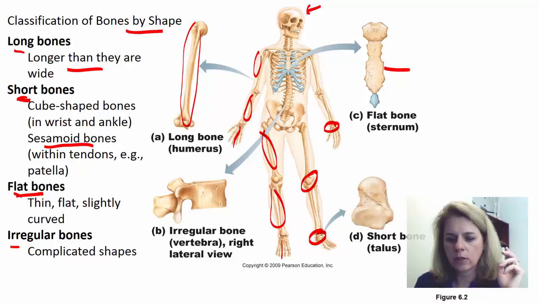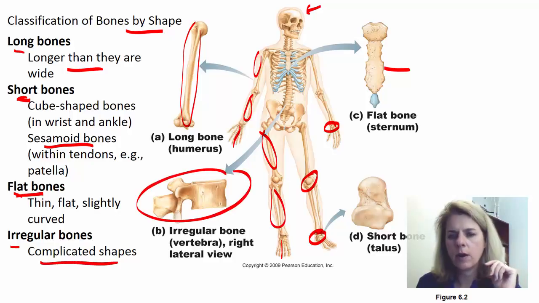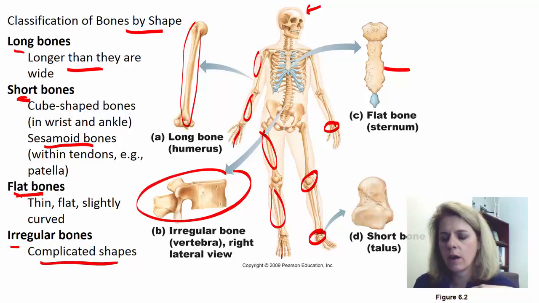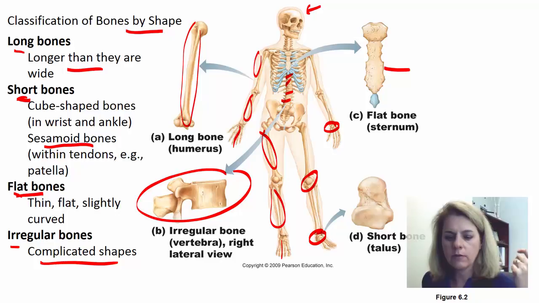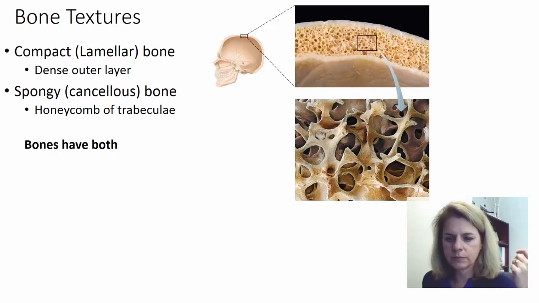And then your irregular bones are bones with complicated shapes, like the bones that make up your vertebrae, your spinal column, the backbone. Those are irregular bones. Again, as you're learning your bones, just pay attention and make sure you realize how we're classifying. Is it long, short, flat, or irregular?